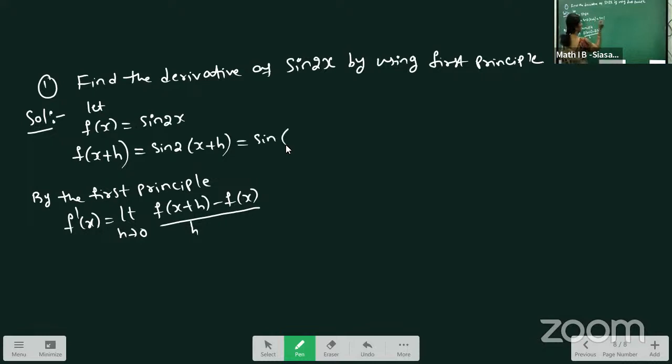Sin multiply 2x plus 2h. Now substitute the value. Limit h tends to 0, sin 2x plus 2h minus sin 2x by h.